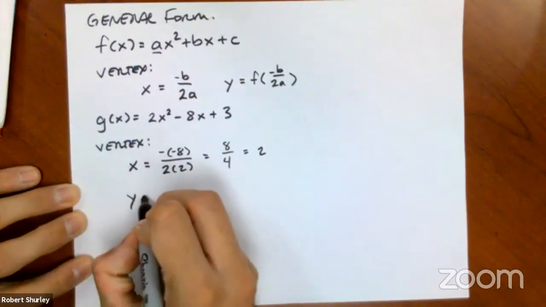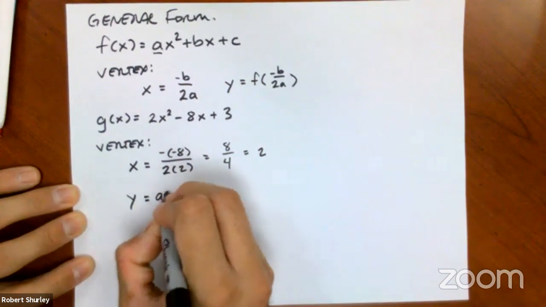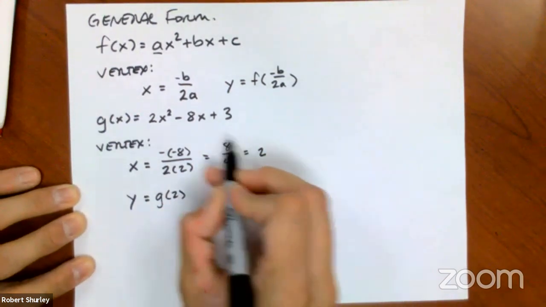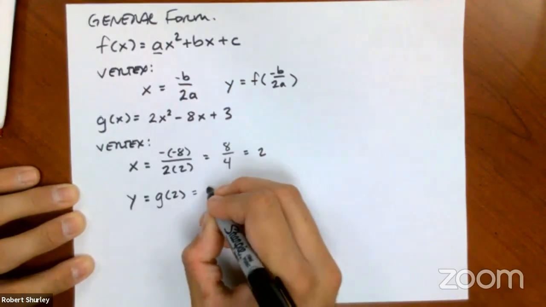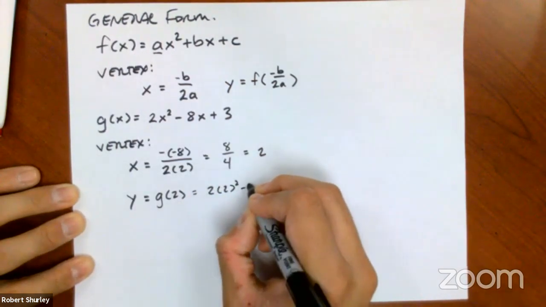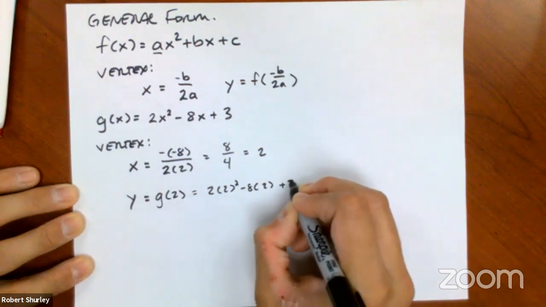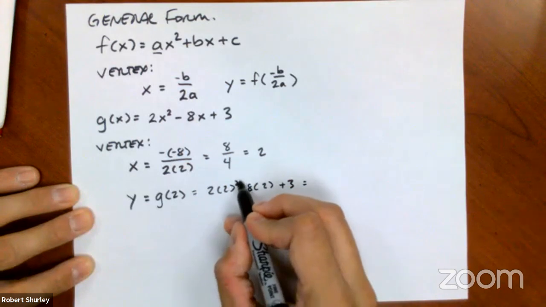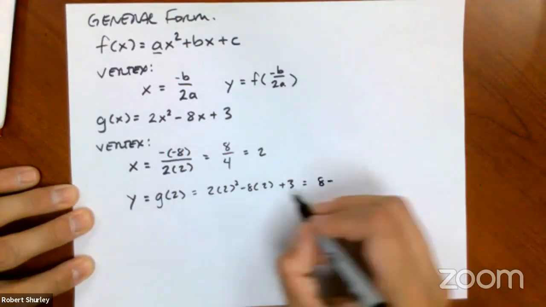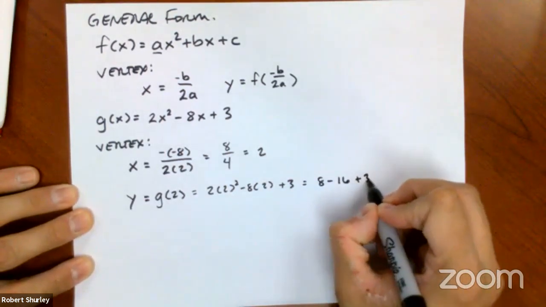So if I want to find the y value, I've just got to plug the x value into the function. Okay, it's just g of 2. So it's going to be 2 times 2 squared minus 8 times 2 plus 3. So this is 4 times 2, so we get 8, minus 16 plus 3.